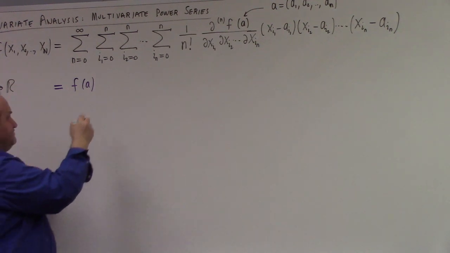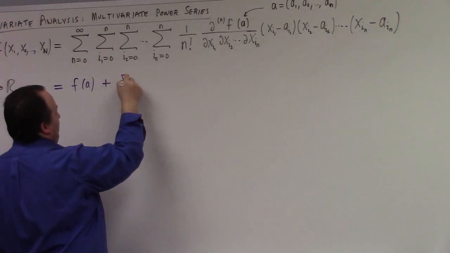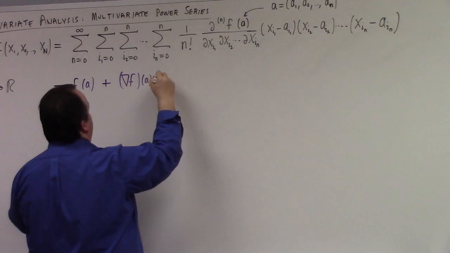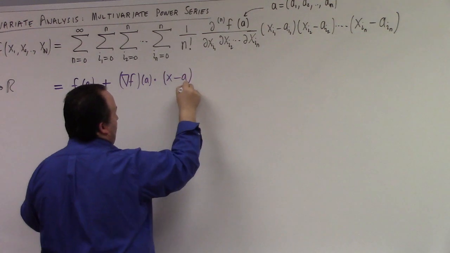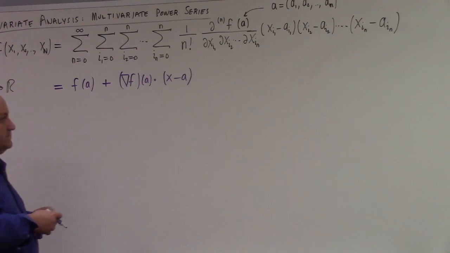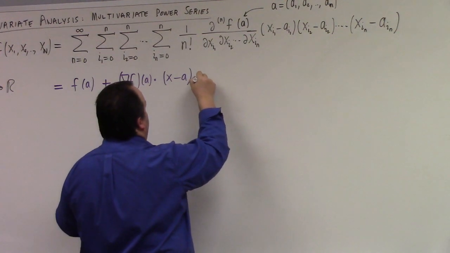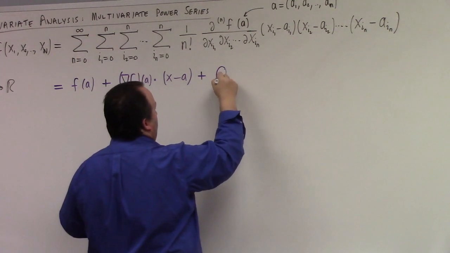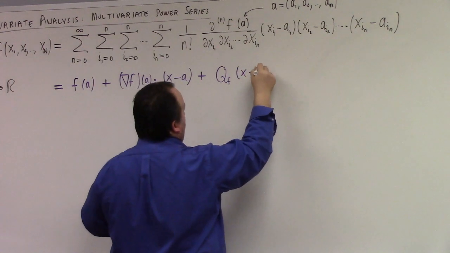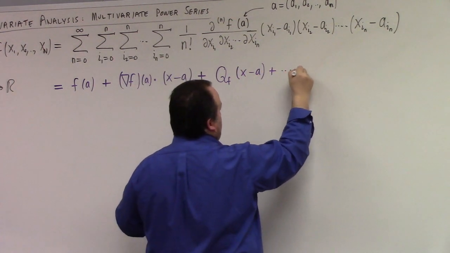And then plus the gradient of f at a, dot product with x minus a in my current notation. x and a are both N-vectors here, okay? And the gradient is also a vector of partial derivatives. And then what you have is what I might call Q sub f of x minus a, and then plus dot, dot, dot.